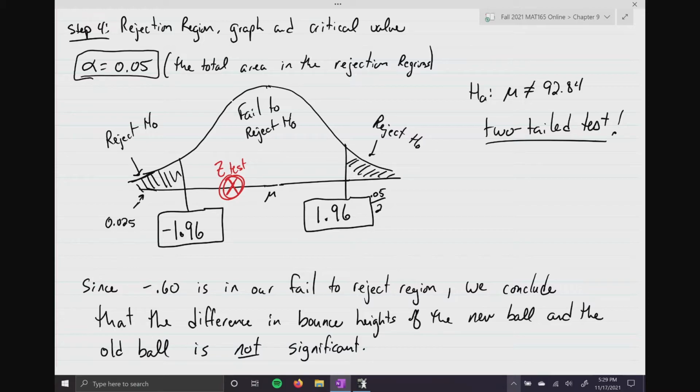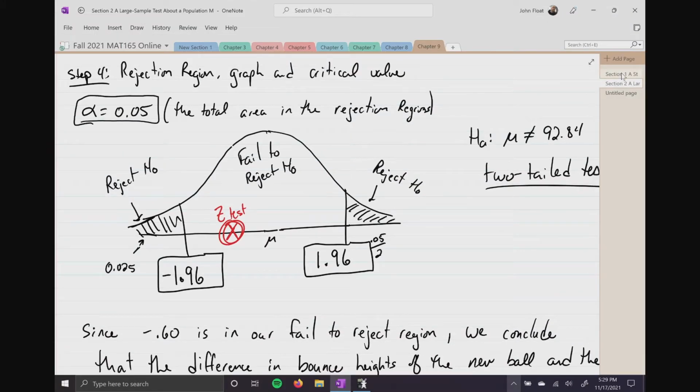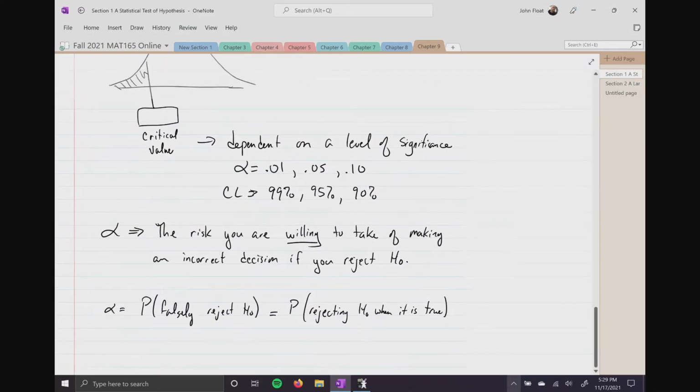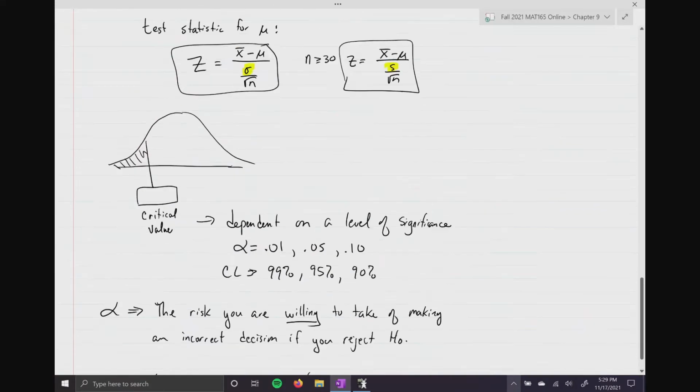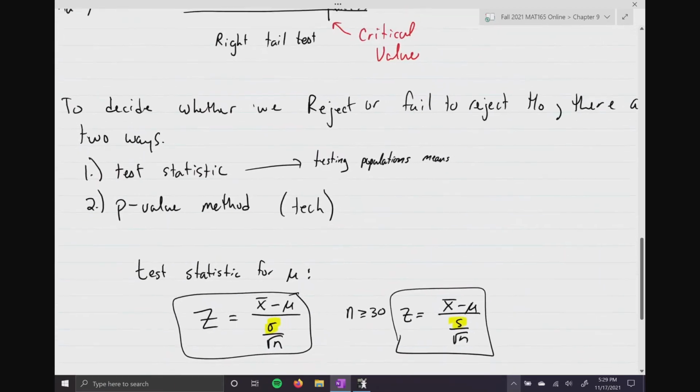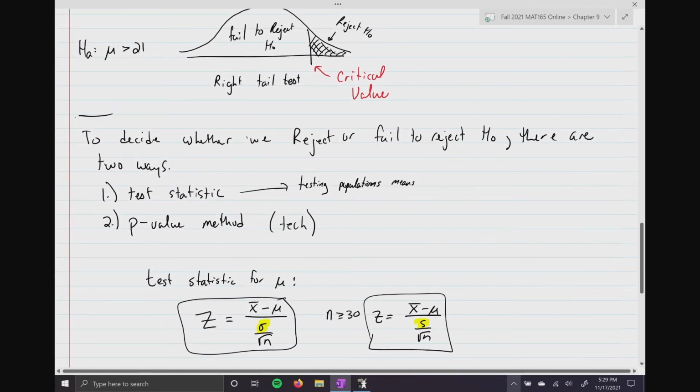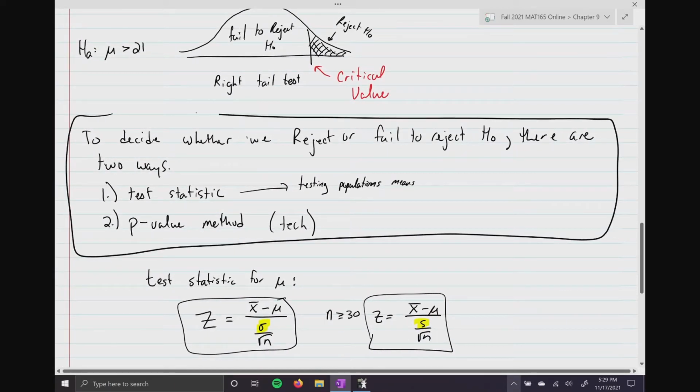All right? Now, I want to go ahead and talk about this p-value thing, okay? Because this is another way. In fact, if I go back to the notes from the previous lecture here, let me look right here in the notes. I'm going to block it in. We have two ways that we can actually do hypothesis testing.